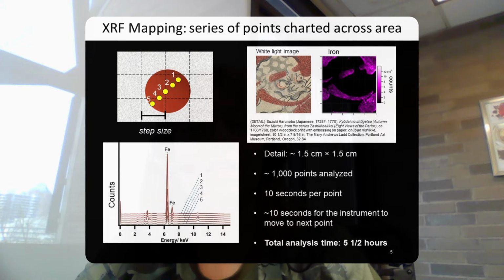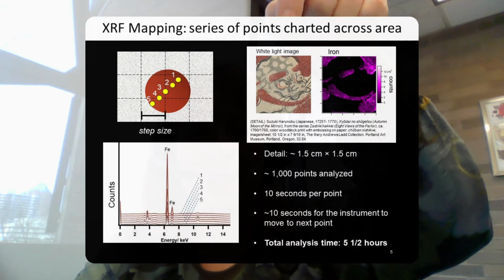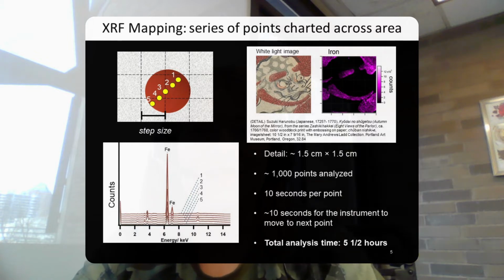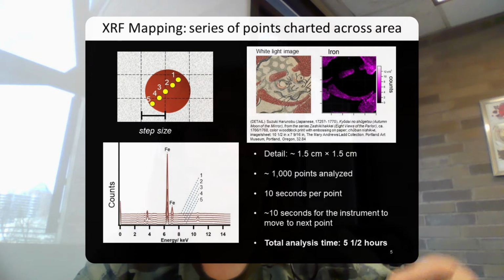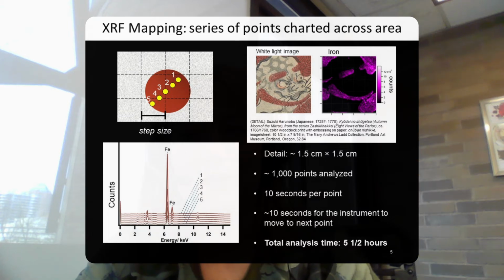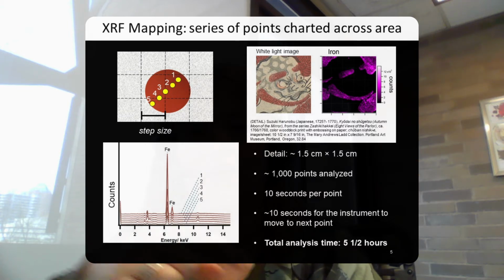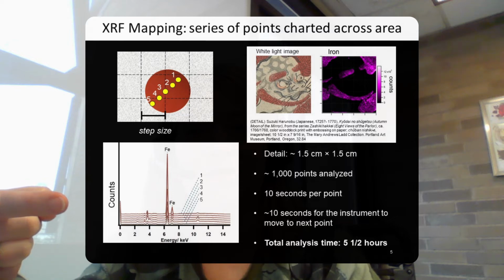The detail of an 18th century Japanese woodblock print by Suzuki Harunobu is shown in the middle. To the right is an XRF map for iron. That map was produced from a series of individual spectra shown in the lower left.